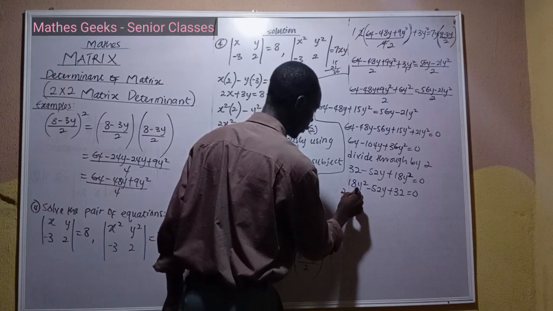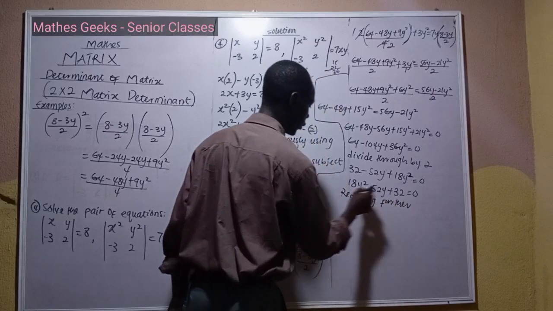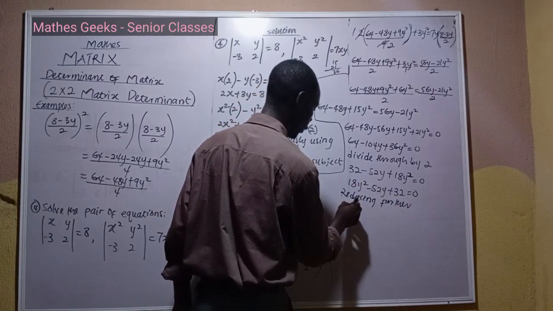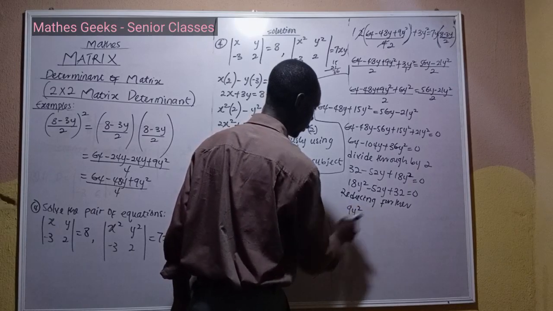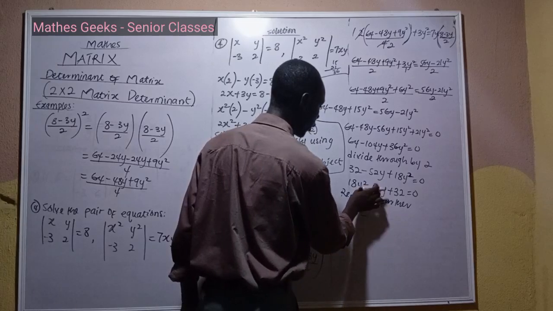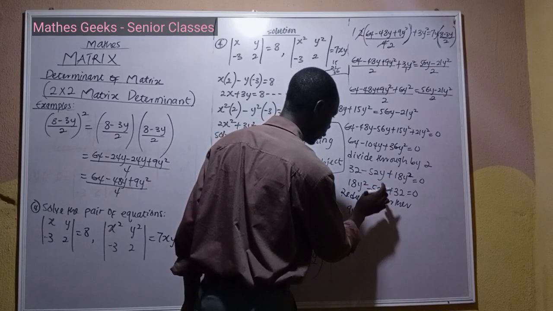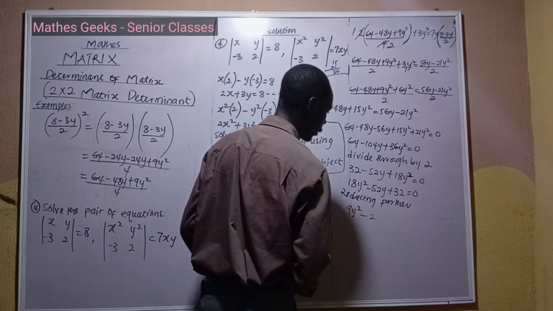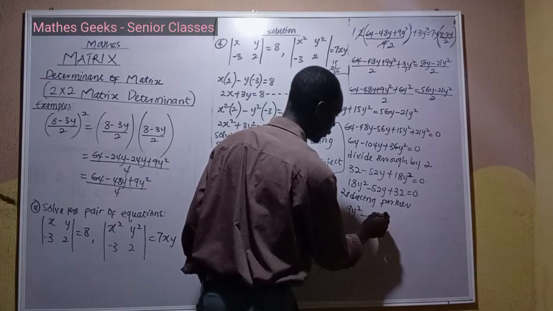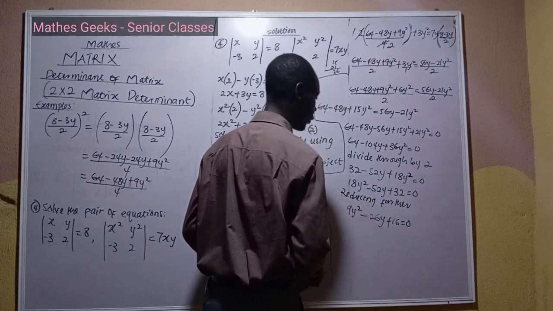So let's divide through by 2 again and that gives us 9y squared minus 26y plus 16 equals to 0.